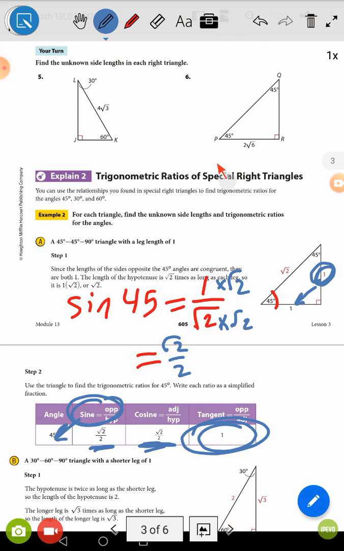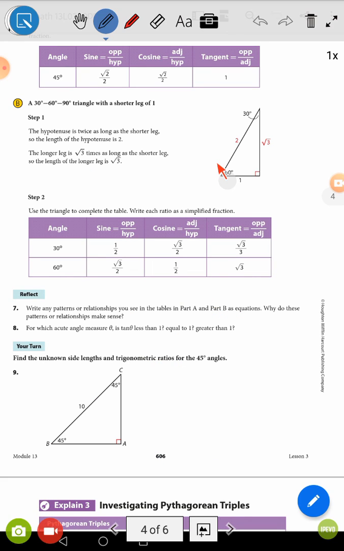If you want to talk about the second triangle, 30, 60, 90 degrees, and our side is 1, here the shorter side is 1, so the hypotenuse will be twice x. That is x, that is 2x, and that is x root 3. It's root 3.